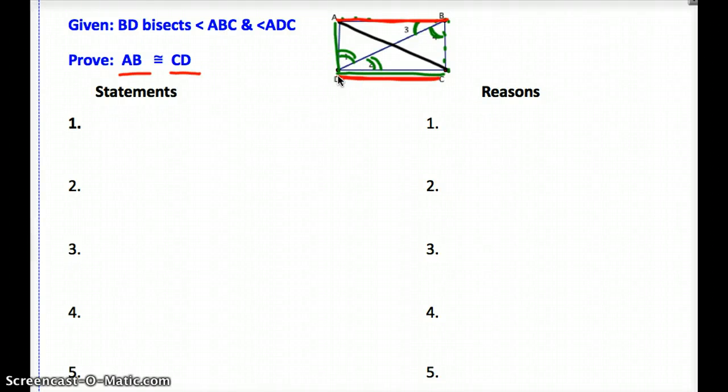I need to prove those two are congruent. So I need to use triangles that have my givens, and triangles that have my proof in them. Do you see here, I'm using this one because I have this angle and this angle. So I'm going to use the one on the bottom and the one on the top.